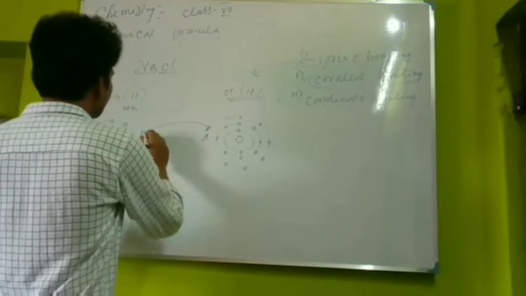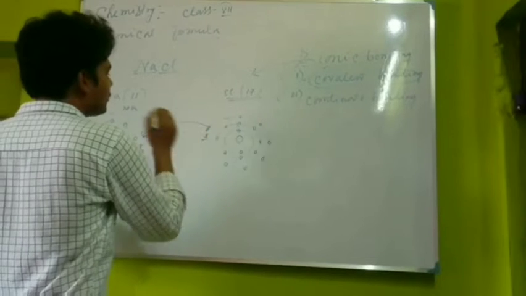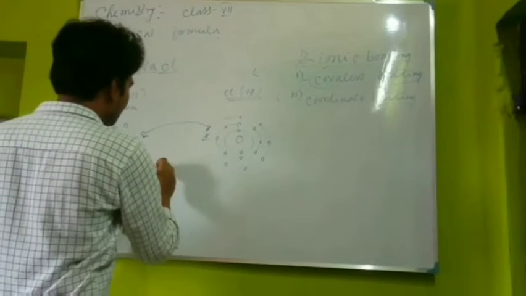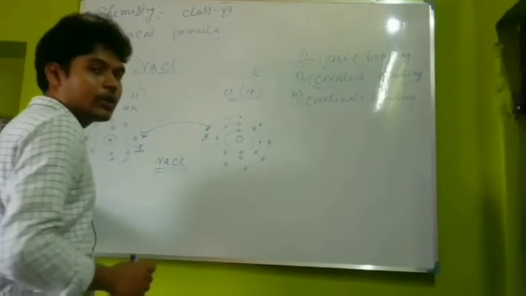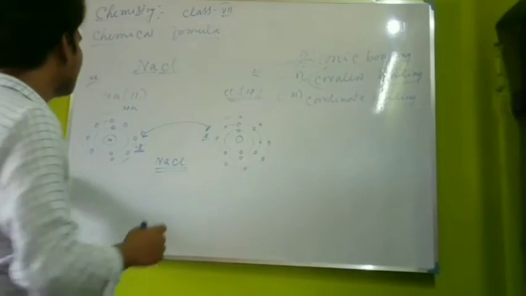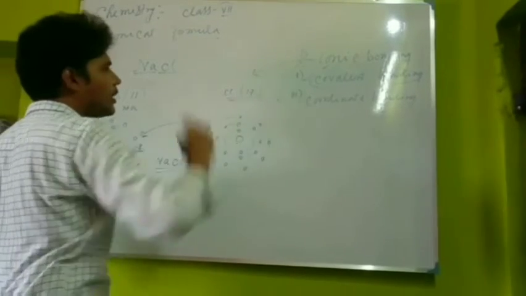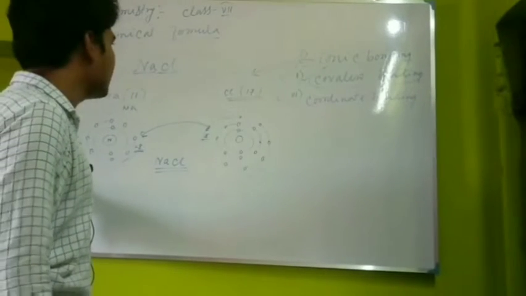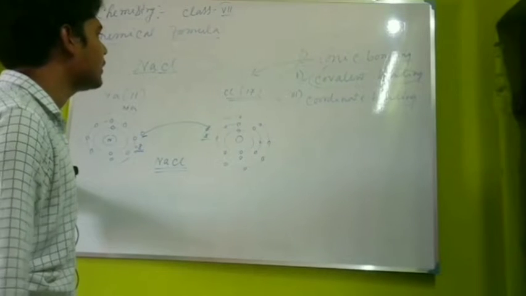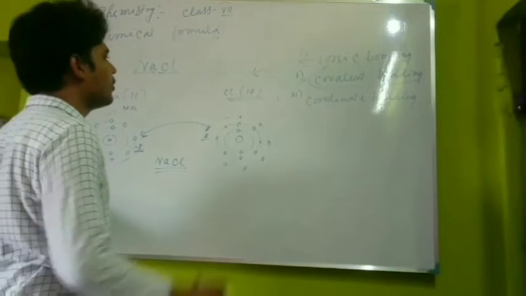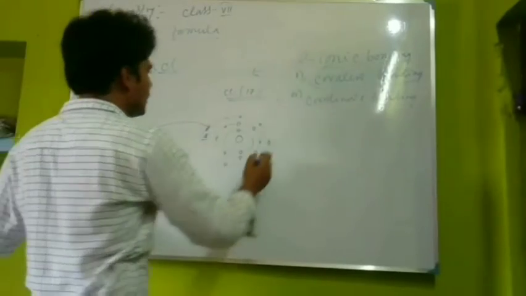So in this way, sodium gives one electron to chlorine and they form NaCl, sodium chloride. The bonding between these two is ionic bonding, also called electrovalent bonding. Okay. Now covalent bonding. What is covalent bonding? Let's see.